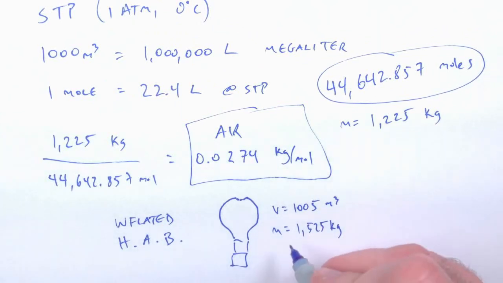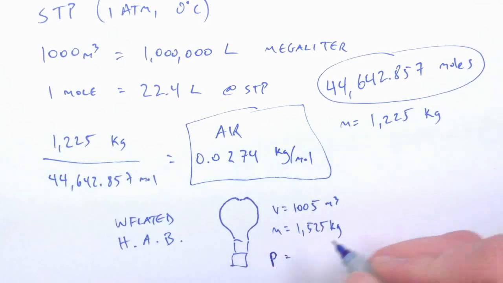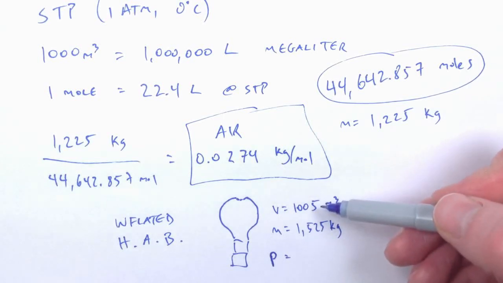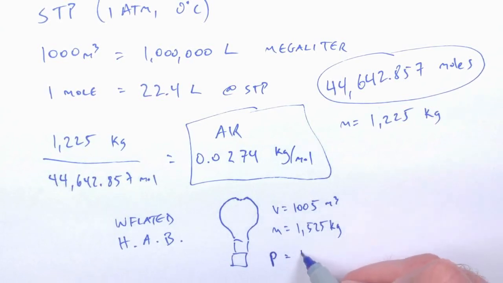So that means that we could calculate the density of an inflated hot air balloon. It would be the mass divided by the volume. So 1525 divided by 1005 is 1.517 kilograms per meter cubed. That right there would be the density of an inflated hot air balloon.